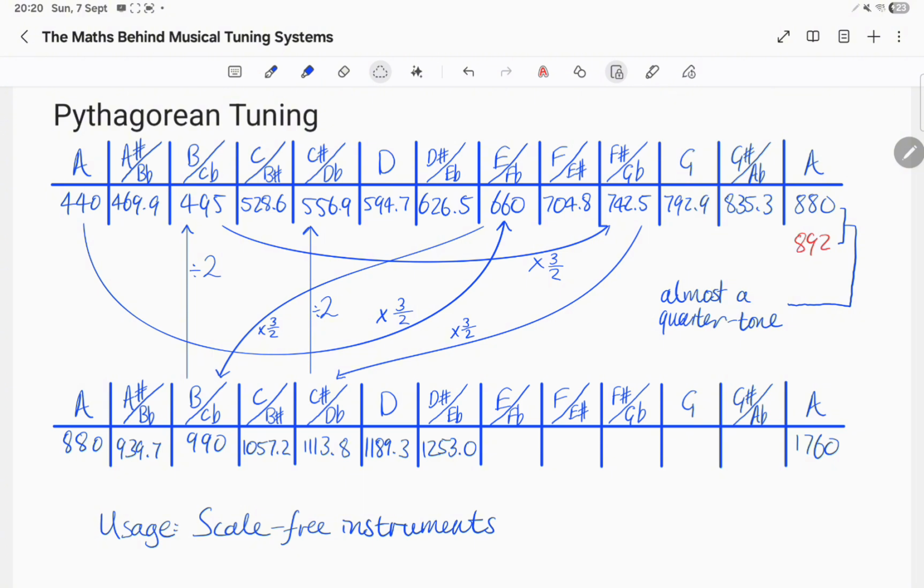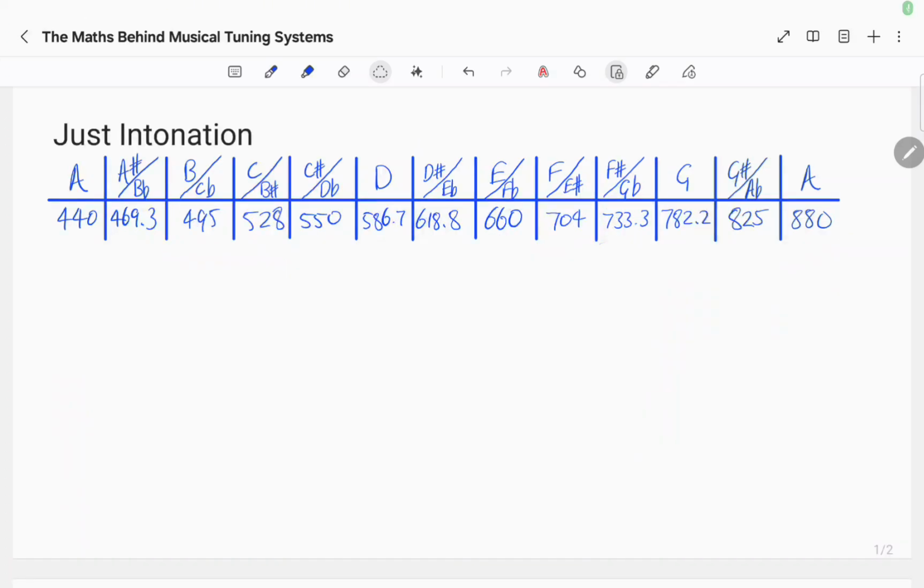Players of scale-free instruments, such as violin family instruments or voice, still use the Pythagorean system for runs based on scales, as these make scales sound in tune. Scale-free instruments are simply instruments where there is no fixed pitch, and you can tune any note precisely as you want it.